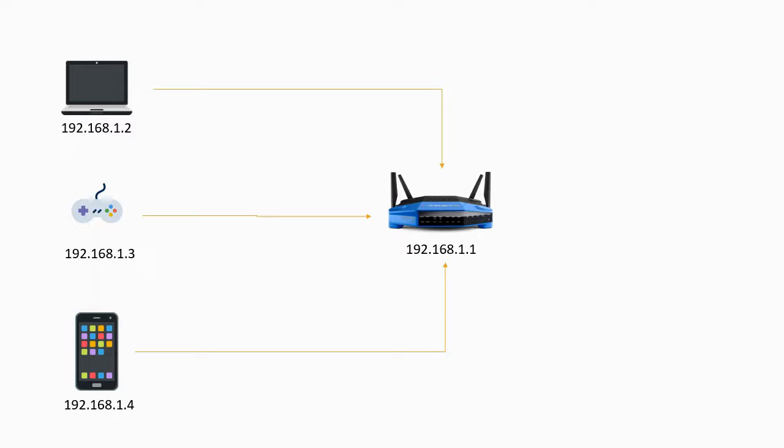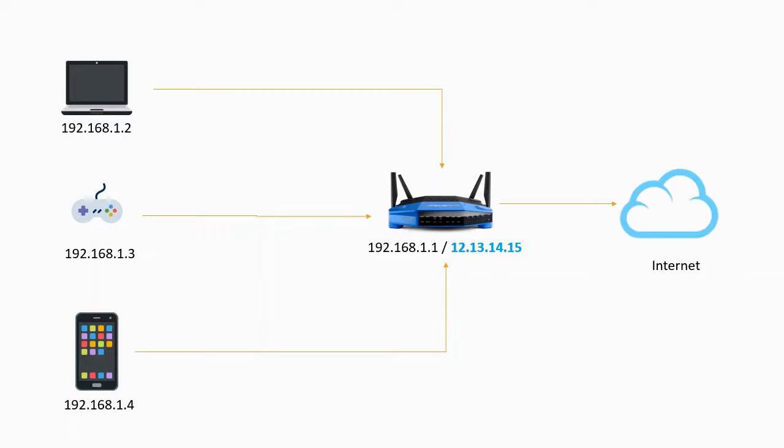Once these devices connect to the router for the first time, the router uses DHCP, which stands for Dynamic Host Configuration Protocol, and it assigns a unique private IP address to each of these devices. If you notice here, the laptop gets a private IP address of 192.168.1.2, the PlayStation gets 192.168.1.3, and the iPhone gets 192.168.1.4.